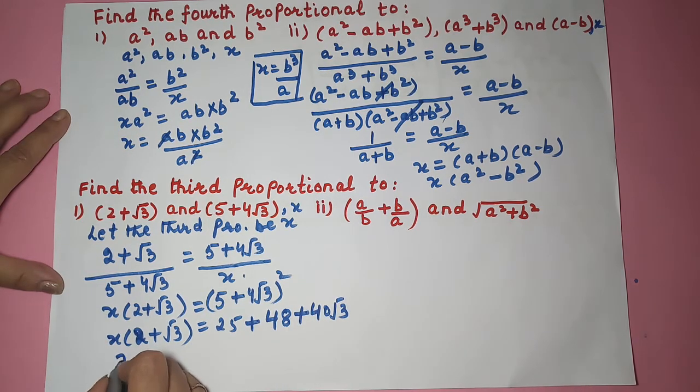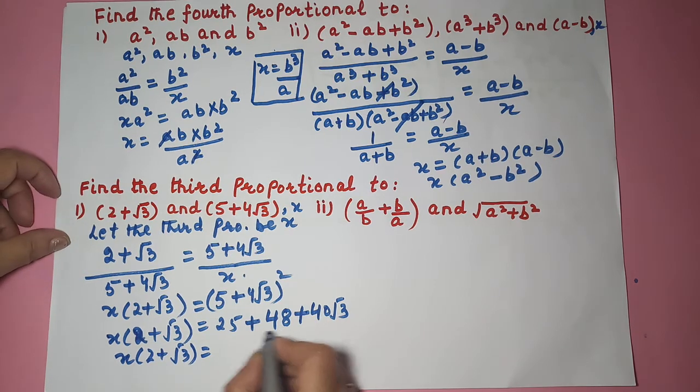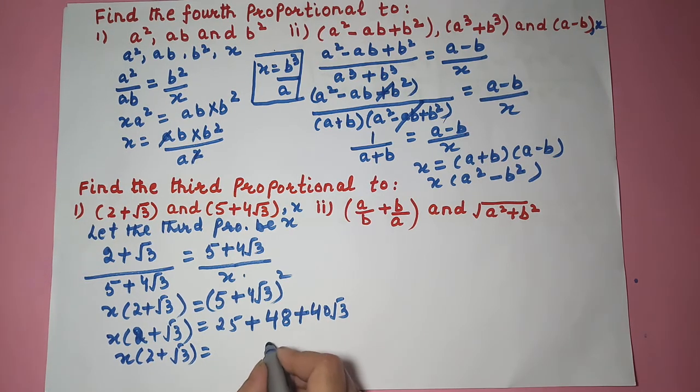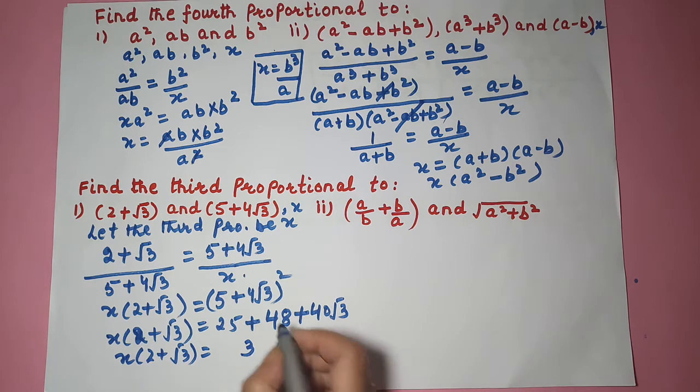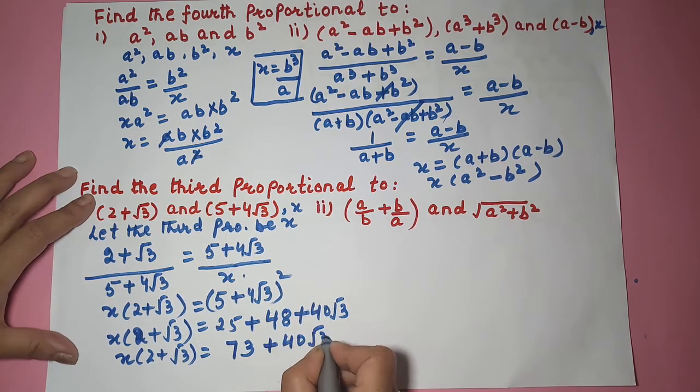Fine. So finally I got x into 2 plus root 3 is equal to 25 plus 48, how much? 5 and 8 is 13, then we have 4 plus 2 is 6 and 1 is 7, plus 40 root 3.